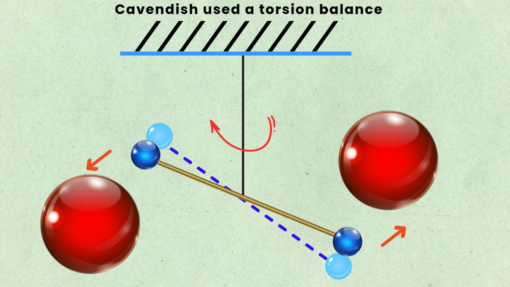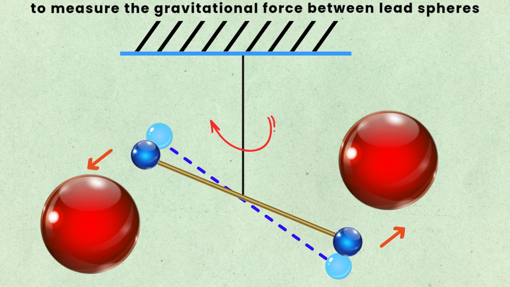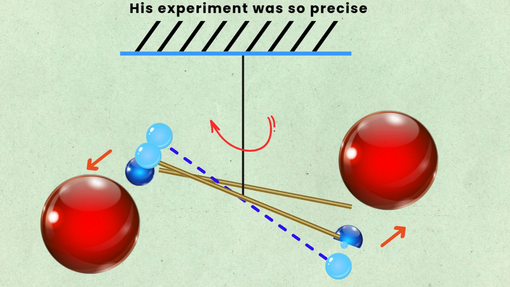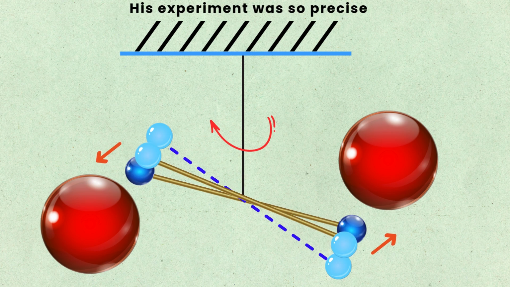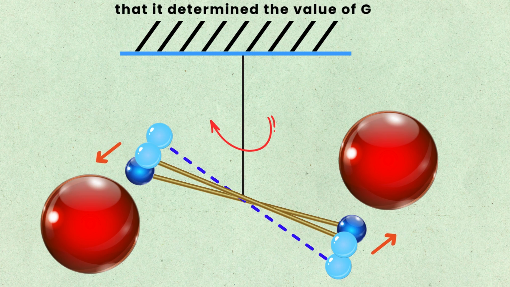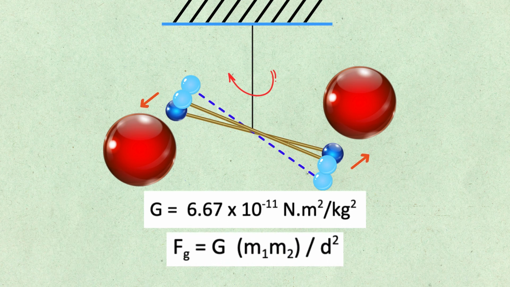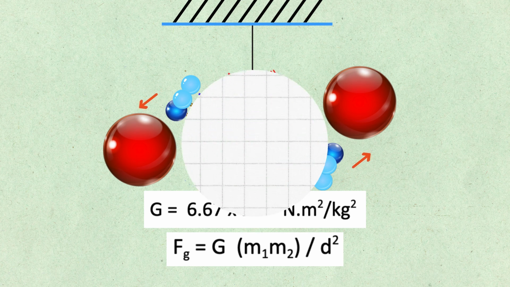Cavendish used a torsion balance to measure the gravitational force between lead spheres. His experiment was so precise that it determined the value of big G. Big G equals 6.67 times 10 to the negative 11 Newton meter square over kilogram square.